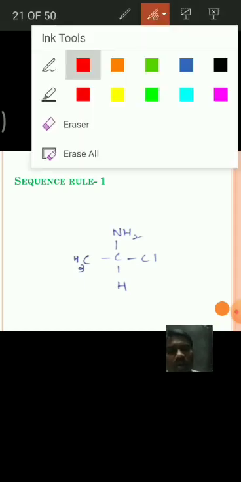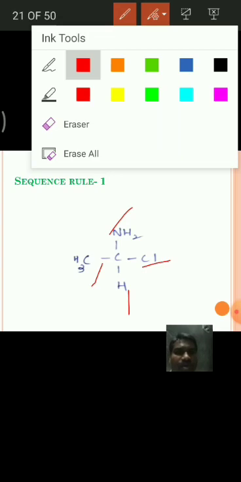The chiral carbon is attached to chlorine, here this carbon, here this nitrogen, and here this hydrogen. 4 different groups are attached to the chiral carbon atom. For assigning, carbon, nitrogen, chlorine and hydrogen are attached. Among these, the atom with the highest atomic number is chlorine, that's why it will be given first priority.